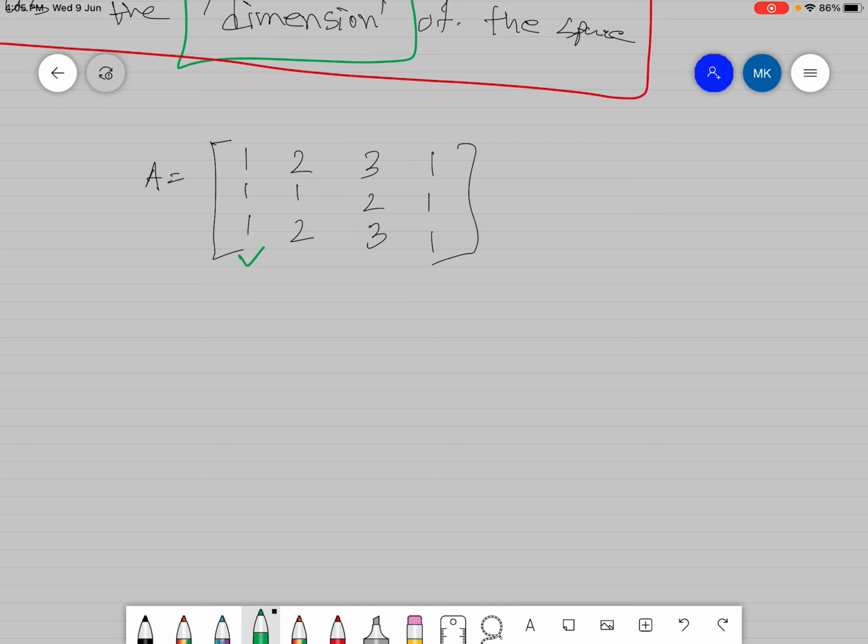The second column is not any combination of the first column, so this is an independent one as well. But the third column is column 1 plus column 2, and this is basically column 1. So these two are not independent. So there are 2 independent columns and 2 dependent columns here, right?